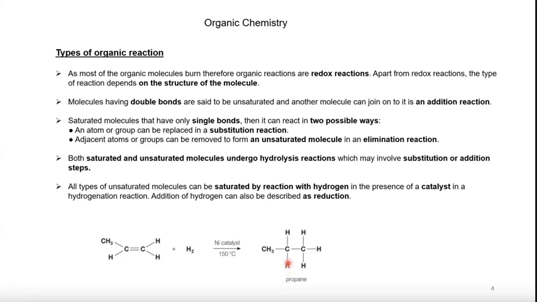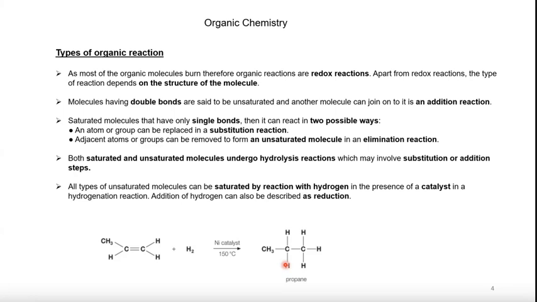I should say here that this is a preliminary idea of the types of reactions we can have in organic molecules, but we will definitely get examples of these reactions in various steps while we are lecturing on homologous series of organic molecules and specific functional groups.